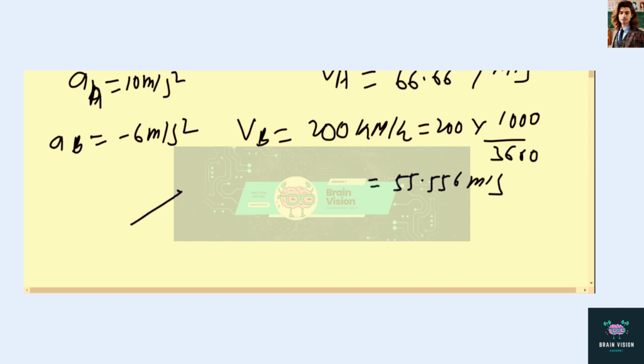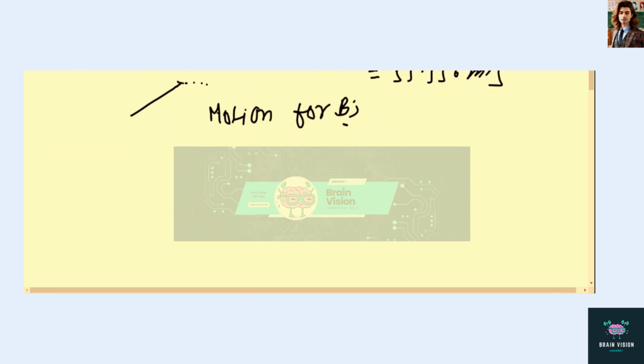So the component of velocity of car B will be nothing but VB equals minus 55.556, because this is moving in the negative x direction, so the component will be negative, and the y component also.